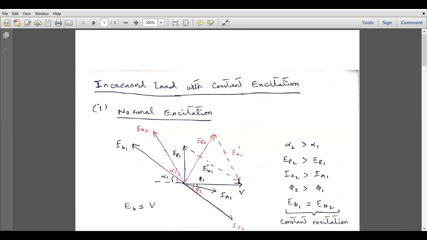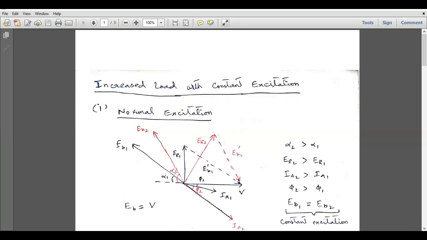So this will become EB1 dash. This is the back EMF oriented in this direction, and EB1 dash will be oriented in this direction, and their heads will be lying on top of each other. So the tail of the applied voltage vector will be joined with the tail of the EB1 dash vector, and this new vector will be termed ER1, and it will be the reactance voltage.